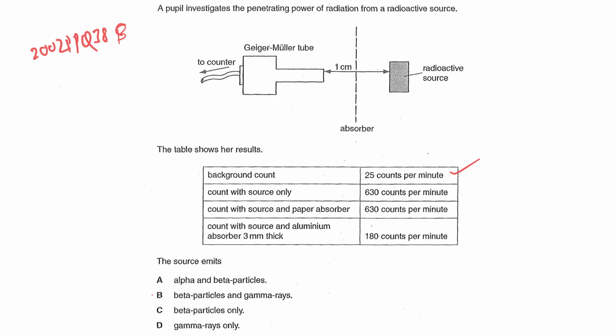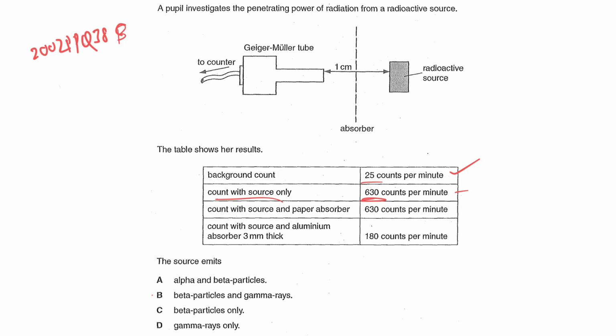So the background count due to the cosmic ray, natural radioactive material underground or near you, is already 25 counts per minute. And when you put the radioactive source directly in front, total will be 630 counts per minute. Now take note that this 630 is the count from the radioactive source plus the background radiation.